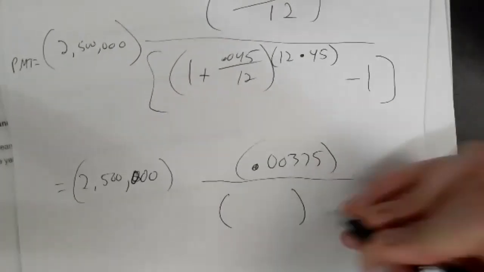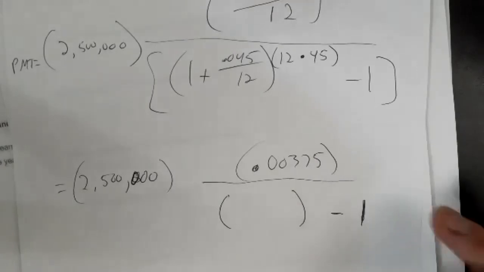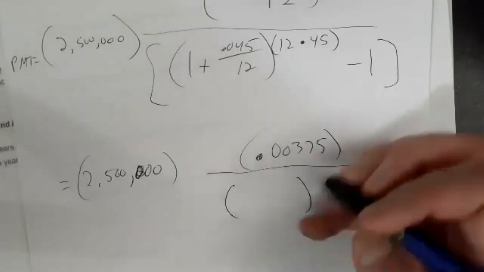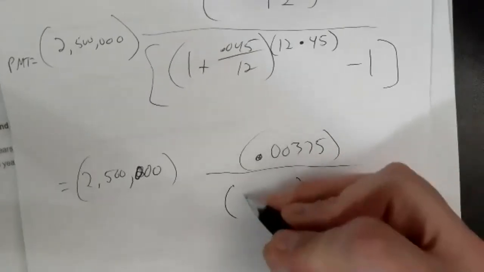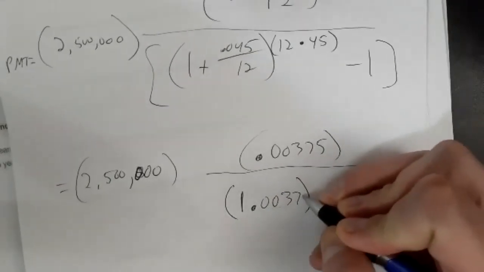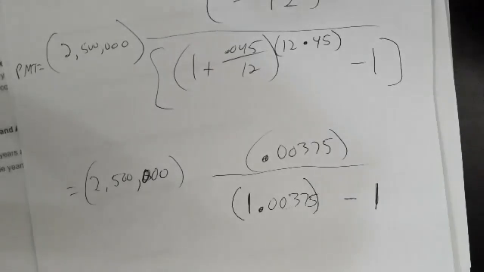All right, so what am I getting on the bottom here? If this is 0.00375, what's going in the parentheses here? It should be 1.00375, that means plus the 1.